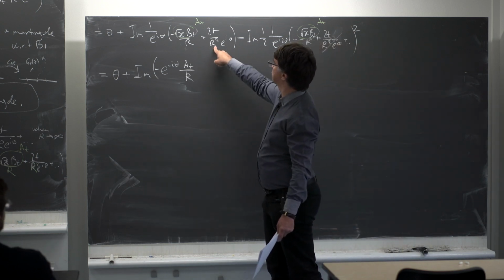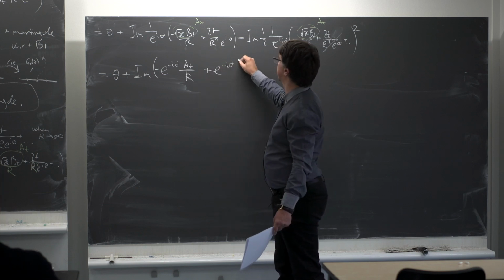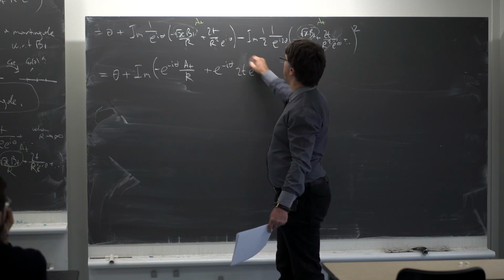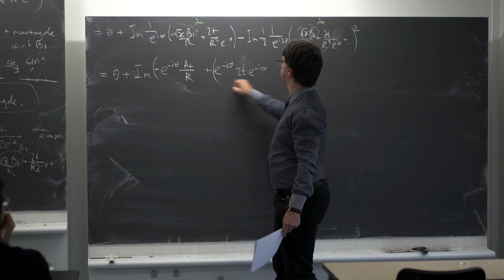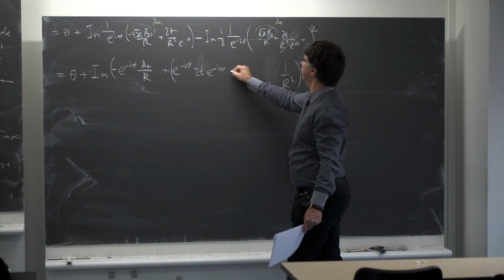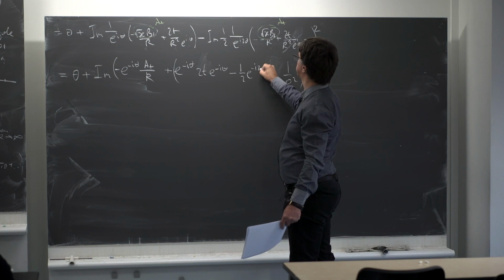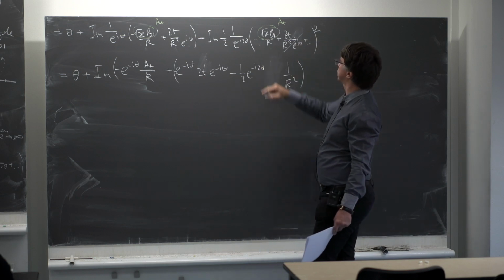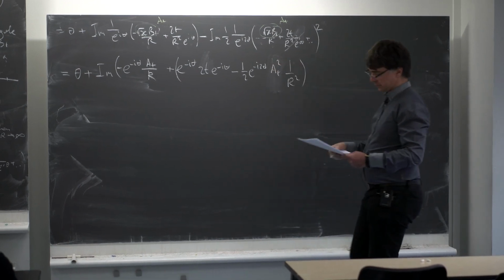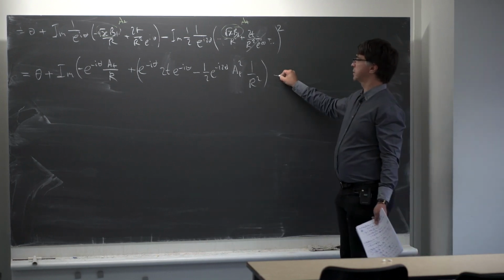And then from that term I get what? I get plus e to the power minus I theta twice t e to the power minus I theta again. And that's 1 over r squared. And from this I get minus 1/2 e to the power minus I twice theta. And I have a square of this term, so it will be AT squared, plus some small order terms.